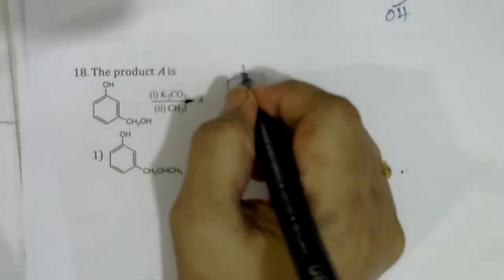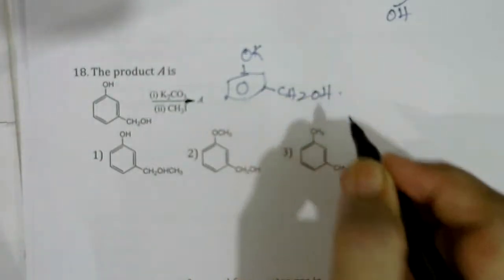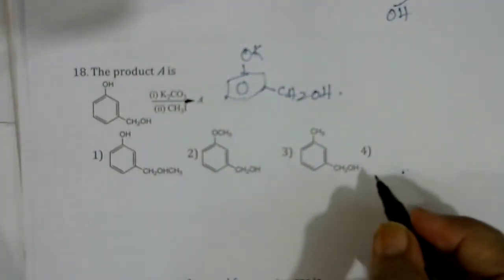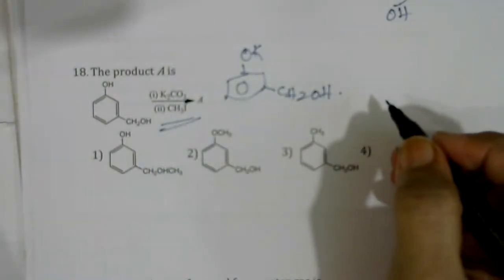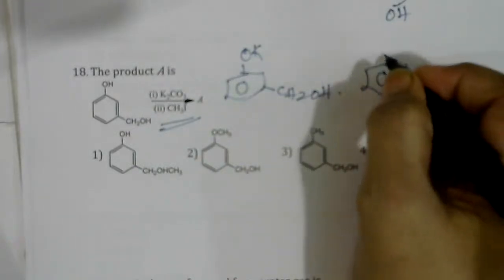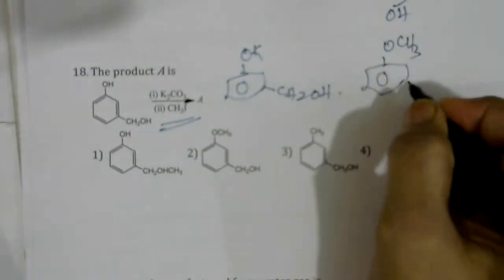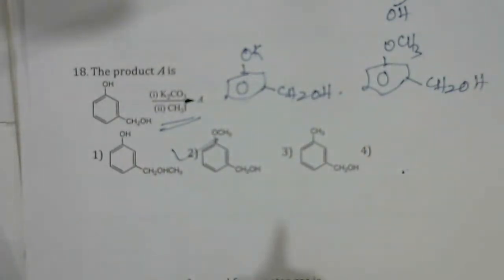That's why we are going to get the phenoxide, and this will be CH2OH. We know very well that with methyl iodide it is Williamson's reaction. We get OCH3, and this will be CH2OH. Therefore, the correct option is the second option.